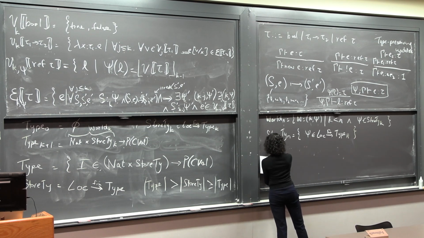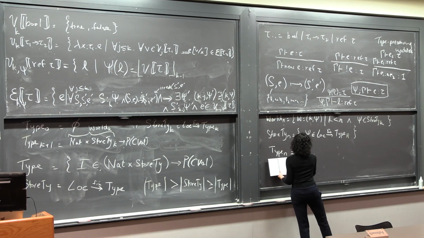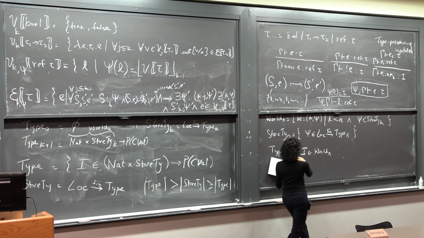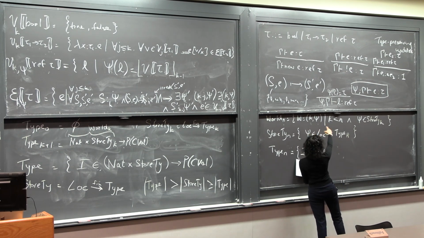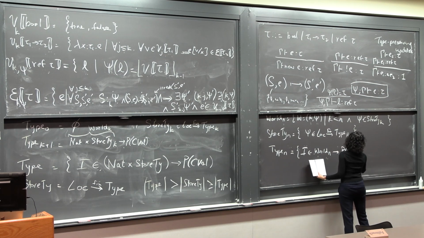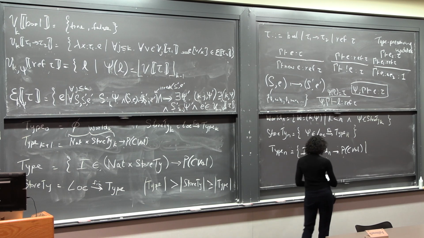What is a type at level n? It is some interpretation I that, given a world at level n, which by the way contains only step indices that are strictly lower than n, gives us back closed values. And this time I'll be more precise. These types have to have the monotonicity property, so let's write that down.